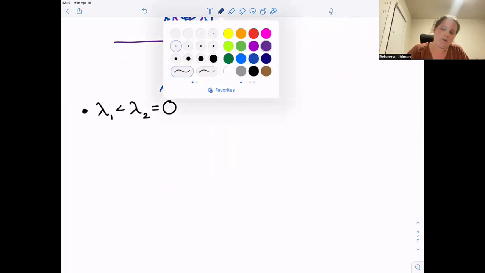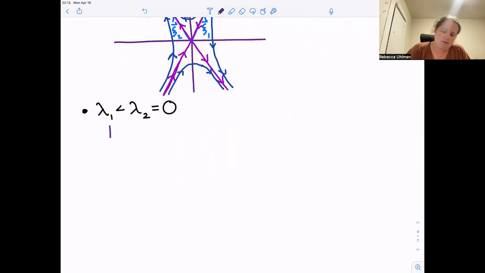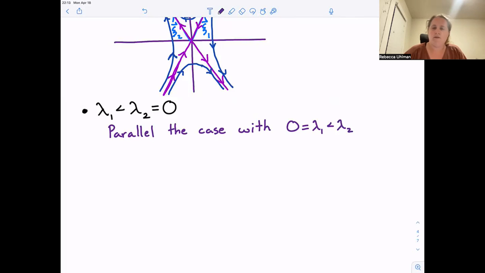This will kind of parallel the case with 0 equaling lambda1 and lambda2 being positive. And we're just kind of flipping the signs here.